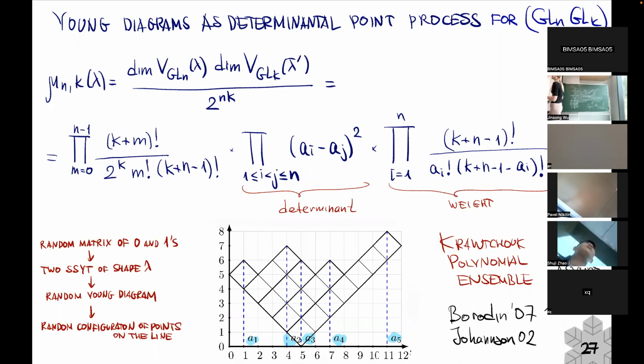We in our first research we had a different approach of shapes, but that is also one of the ways. So if we have the random matrix of zeros and ones, we can obtain a semi-standard Young tableau of shape lambda, then a random Young diagram, and then we say that okay, those random Young diagrams, they correspond to the random configuration of points on the line.